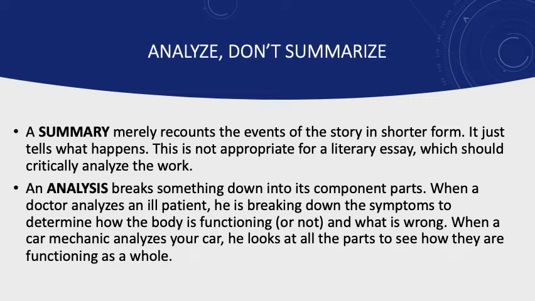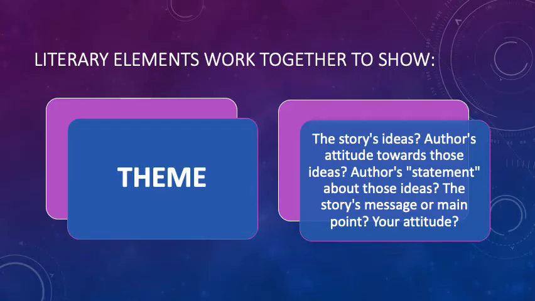Well, we do the same thing in literature. We look at the parts of the story, and the parts are the literary elements, to figure out what's happening, what the theme is, what the author's message is. We're analyzing. So all of these literary elements work together to show the theme.